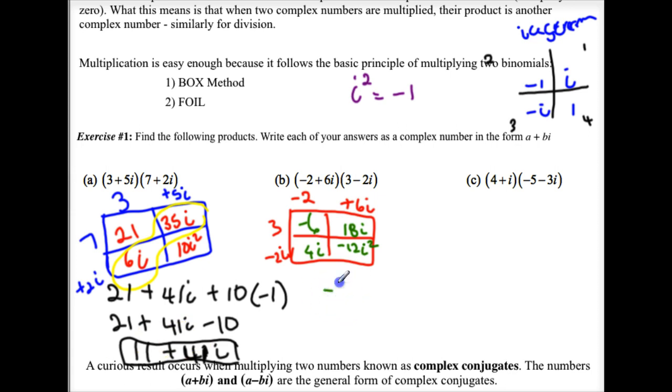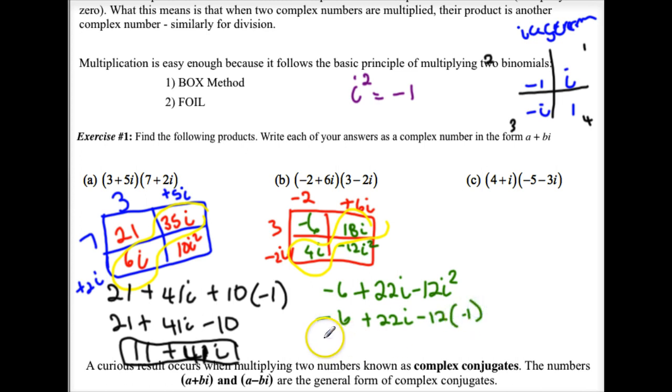This becomes -6, and I want to combine my like terms. 18i plus 4i is plus 22i minus 12i squared. Now I know i squared is -1, so it'd be -6 plus 22i minus 12 times -1.